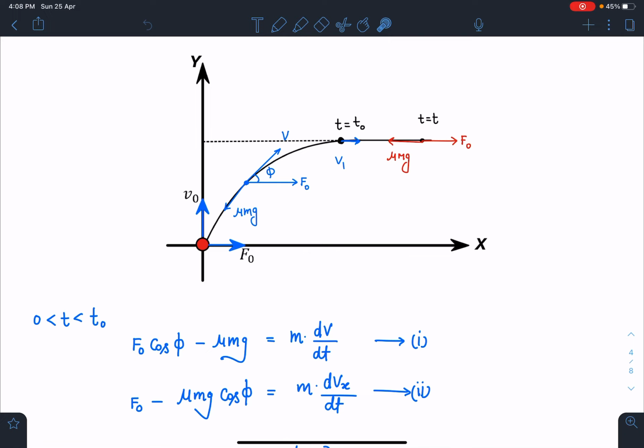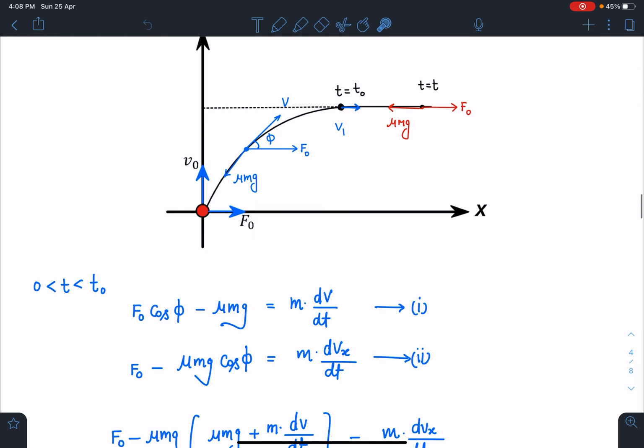We can solve this problem using impulse momentum theorem, or just write force equation along the tangent and along the x-axis. So when we are writing along the tangent here, this is going to give us f0 cos phi minus mu mg is equal to m dv by dt. And in impulse equation, you can take this dt to the other side. So both are the same method here.